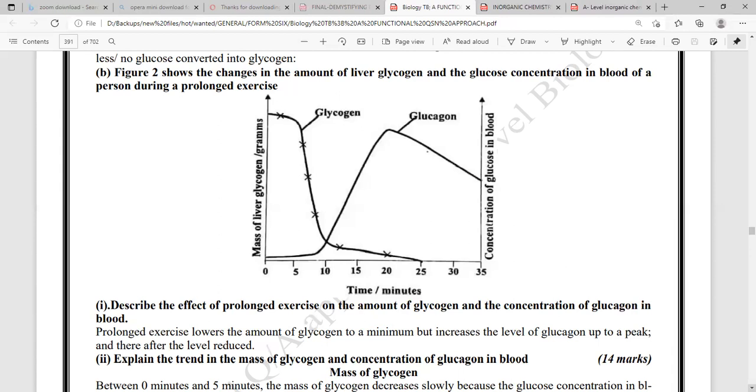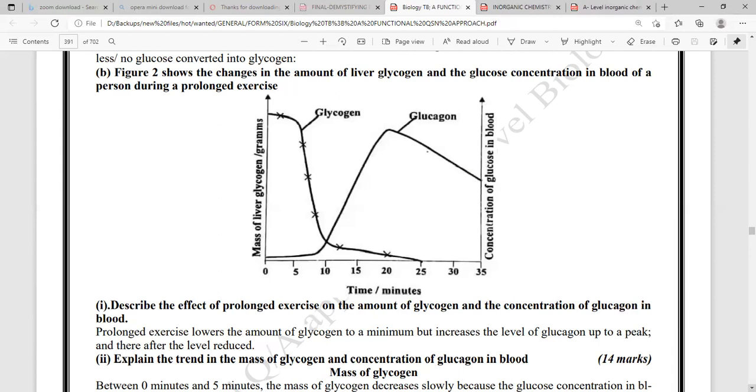The concentration of glycogen is almost constant or reducing gradually. Between 5 and 10, the concentration of glycogen decreases rapidly, and so on.